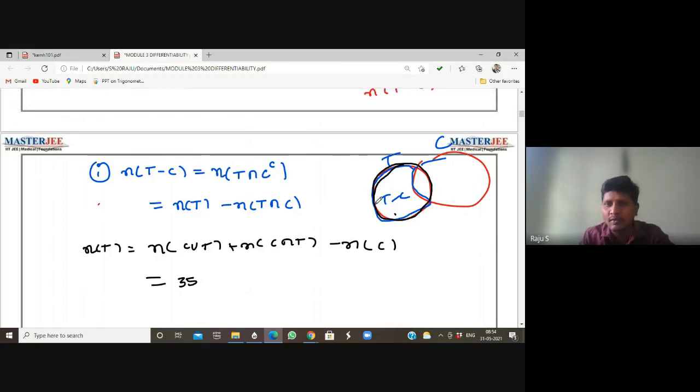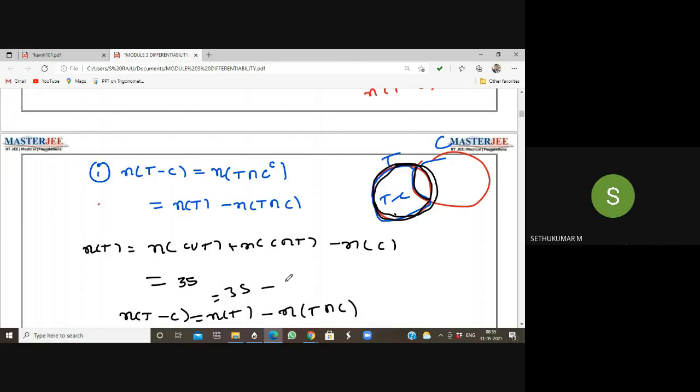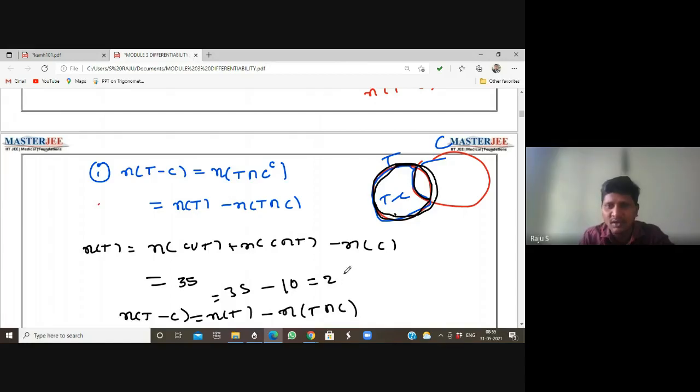Yes, 35 is this total value, n of T. But we required only tennis, not cricket, nothing but n of T minus C. That is n of T minus n of T intersection C. So n of T we already got is 35, minus T intersection C, which is given as 10. Nothing but 25 is the answer. So here two questions are there.